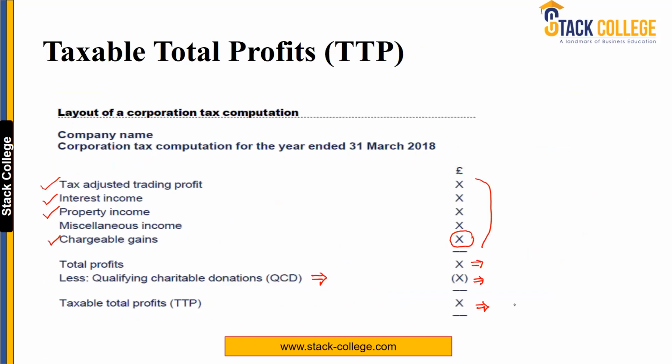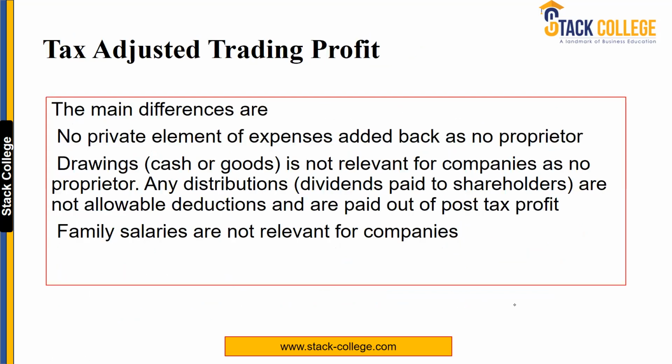Now, as far as the difference between income tax computation and the tax adjusted trading profit of a corporation, there are many similar things, but there are a few differences. In case of a tax adjusted trading profit, there is no private element of expenses that we need to add back in case of the owner of the business.